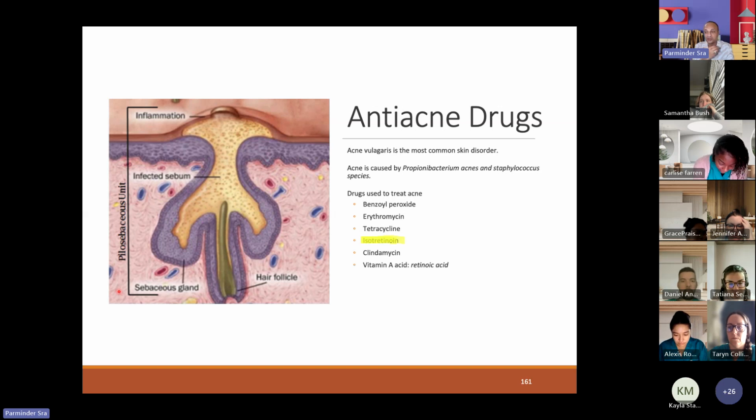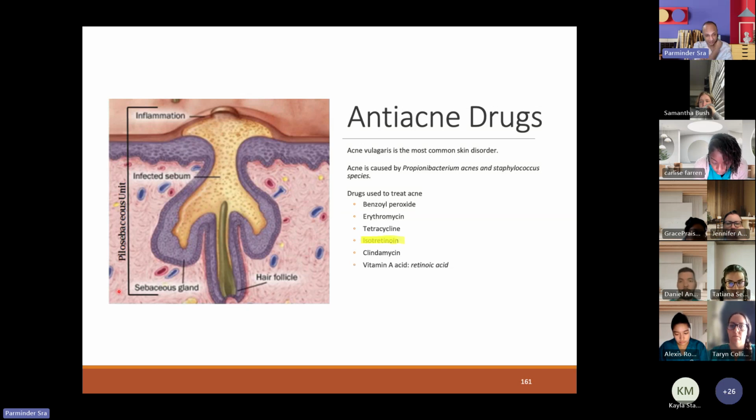Okay. Then there are antibiotics, like your tetracycline, very commonly used. Then there's clindamycin, erythromycin. These are very common ones used. Most of the time topical, but you will see some of them orally as well.